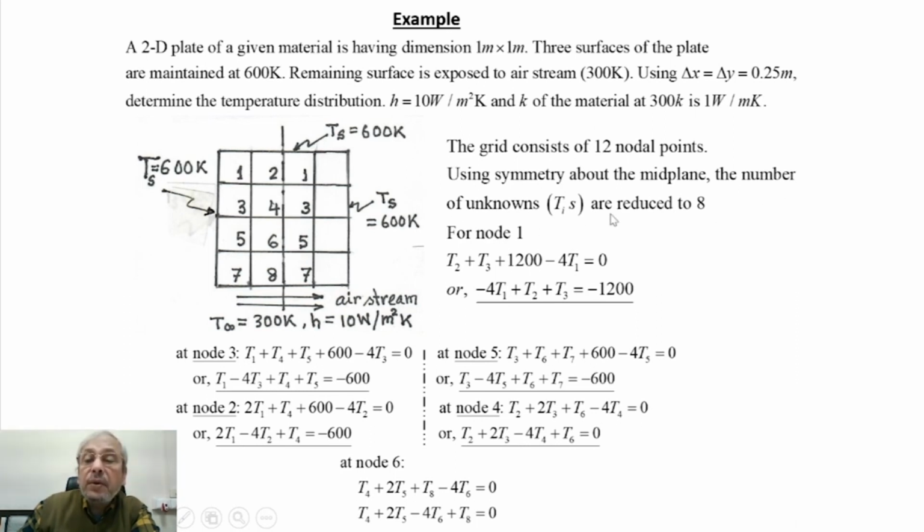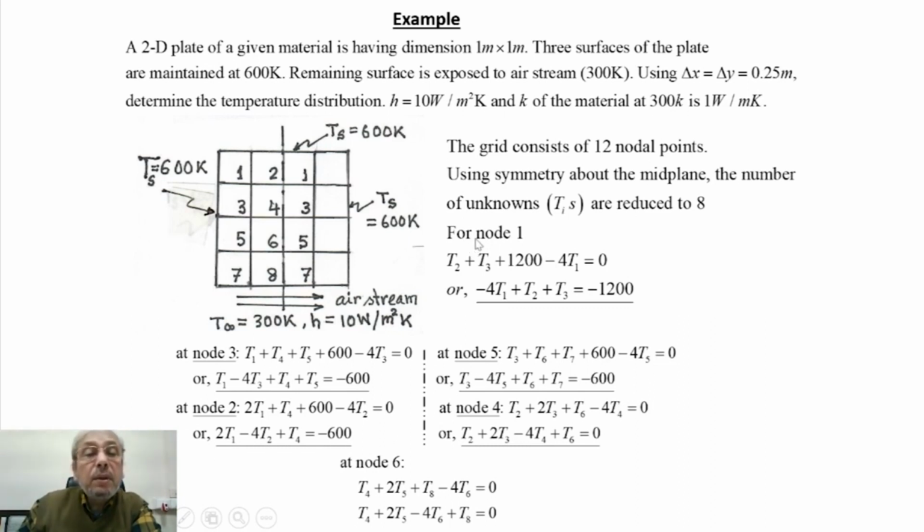The number of unknowns is reduced to 8. Whatever is the temperature here, if we consider symmetry, will be the temperature here. So instead of solving at 12 points, now we have to solve at 8 points, because nodes 1, 3, 5, 7 will be repeated on the other side.